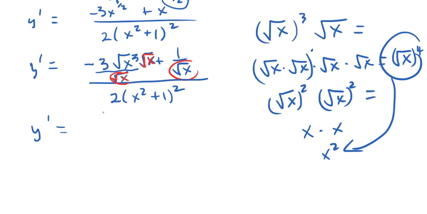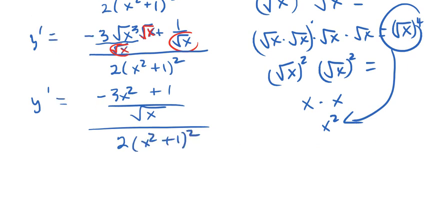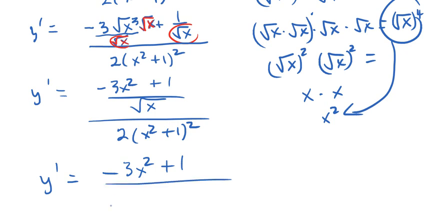Sure you did. Okay, so we have negative 3x squared up top here, plus 1 all over root x, all over 2 times x squared plus 1 squared. See that? And now we're very close to the end, because this root x can go down into the denominator here. And we have negative 3x squared plus 1 all over 2 root x times x squared plus 1 squared.